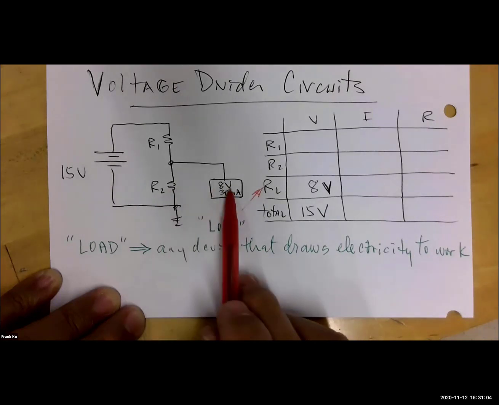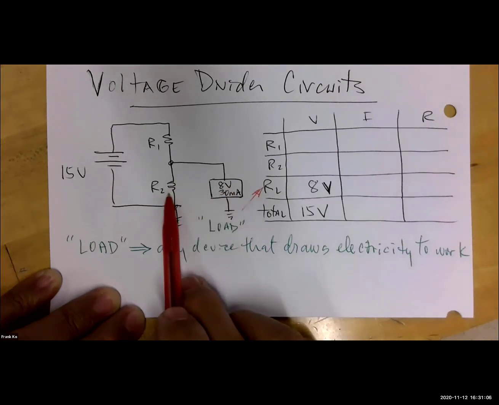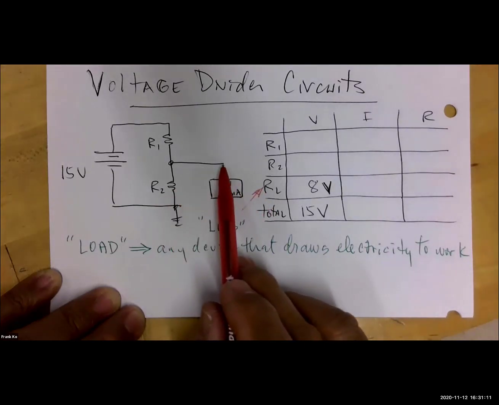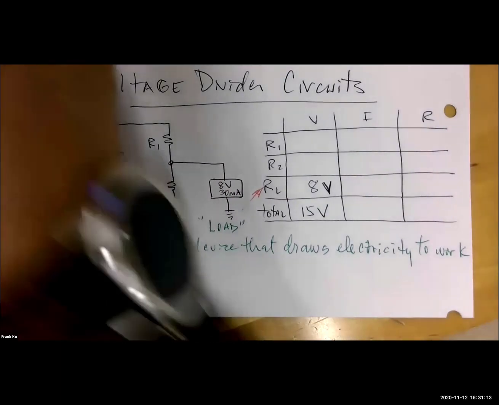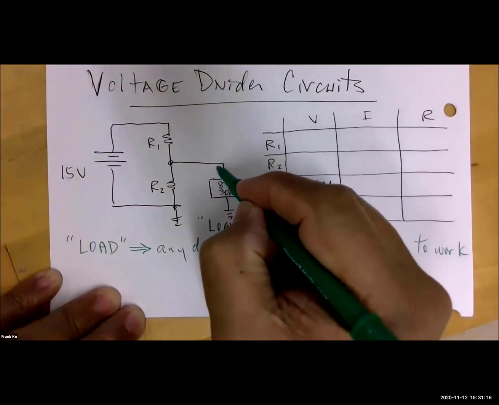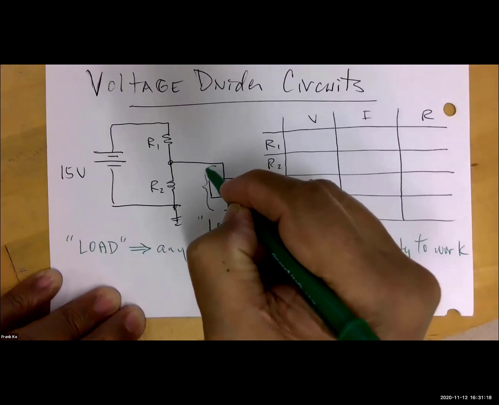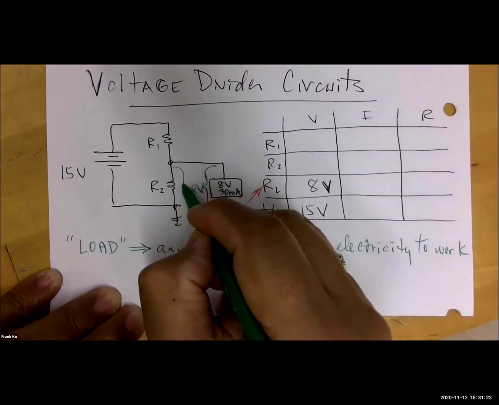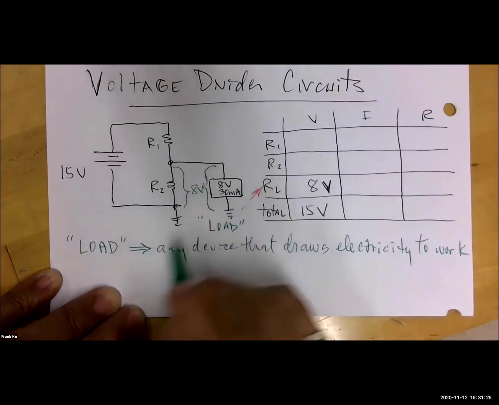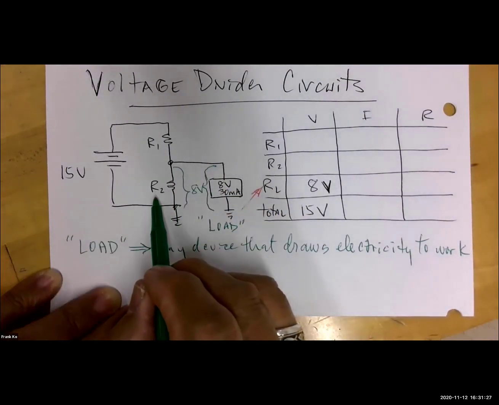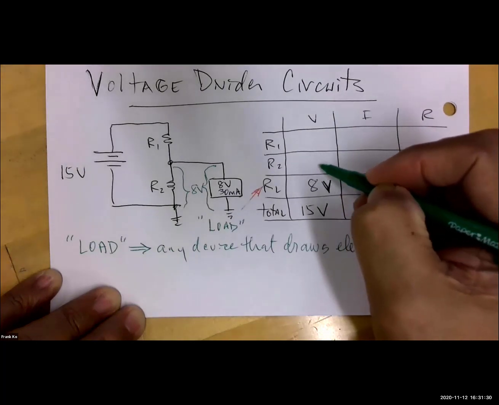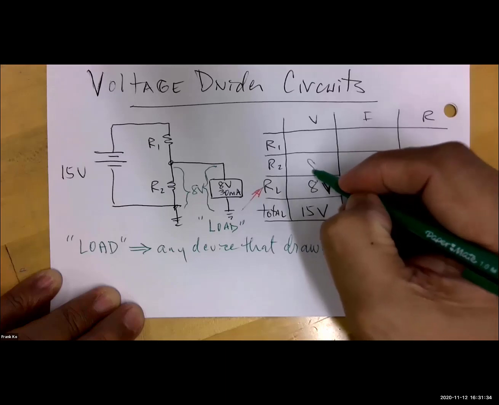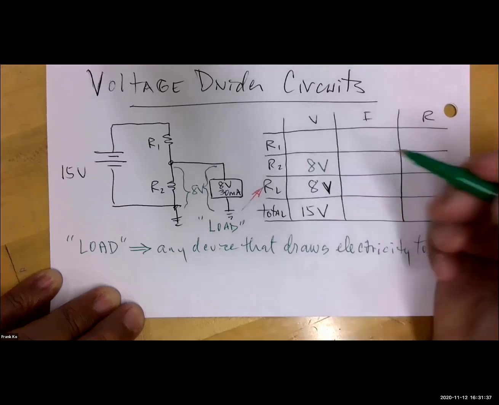Recognizing that these are in parallel, what is the same in parallel circuits? We remember that voltage is the same. So if I have 8 volts across my load resistor, and R2 is in parallel with this, it must also share the same voltage. So Wei Ji is suggesting that we put 8 volts in this cell, is that correct? 8 volts. Okay, that's another piece of the puzzle.